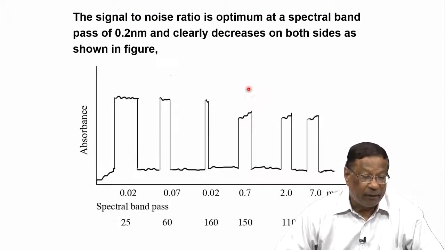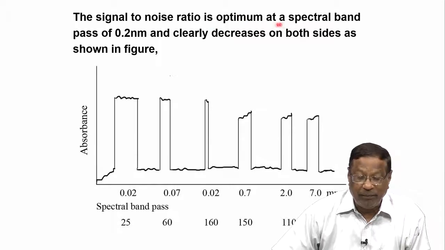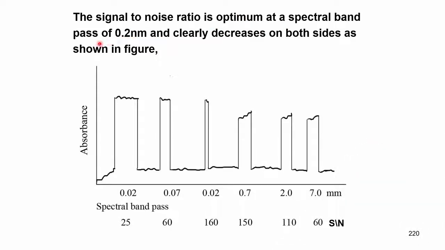Okay. Now, the signal to noise ratio is also optimum at a spectral band pass of 0.2 nanometer and clearly decreases on both sides. So, you can see the signal at 0.02 band pass, okay, this is the absorbance. If I use 0.7, 0.02, this is the spectral band pass, okay.